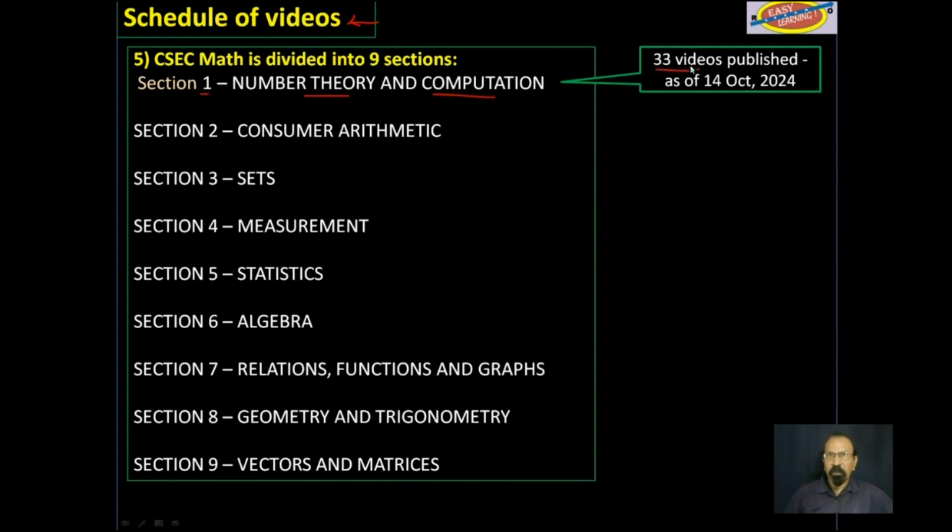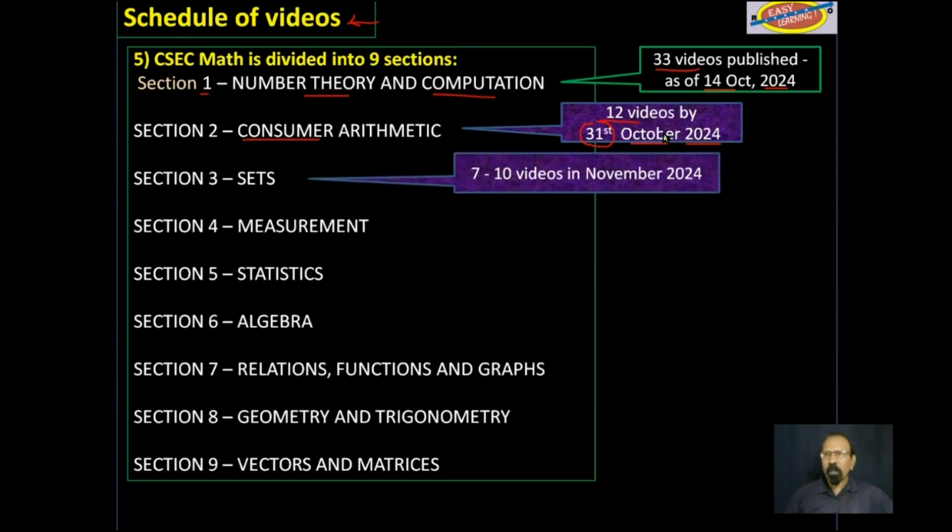All 33 videos from that section have been published on YouTube as of the 14th of October 2024. I am currently working on these 12 videos on consumer arithmetic, and hopefully by the 31st of October 2024, I will have those published on YouTube.